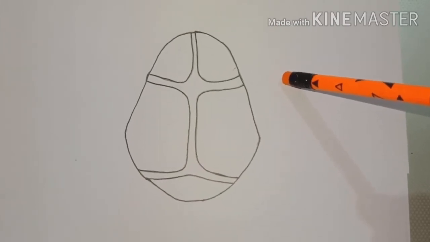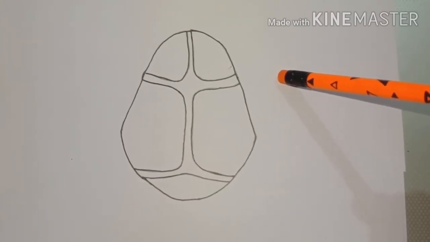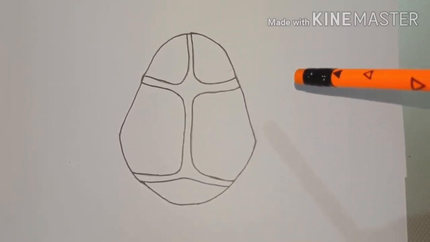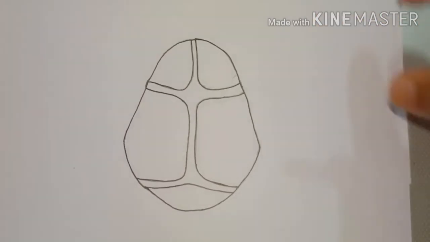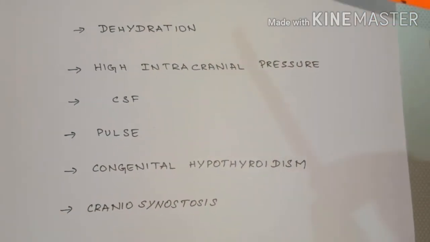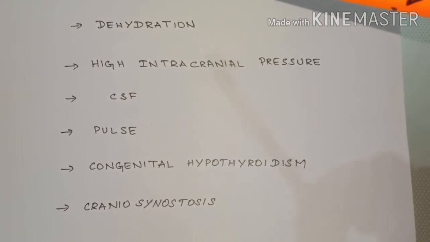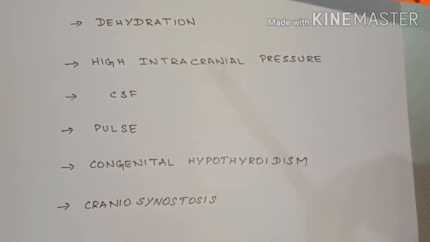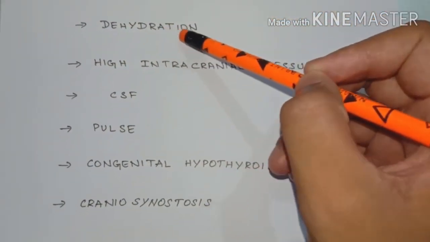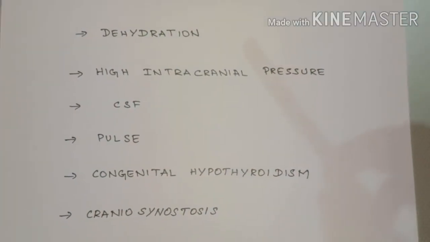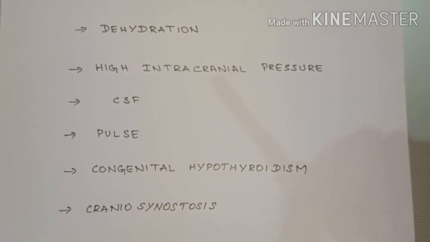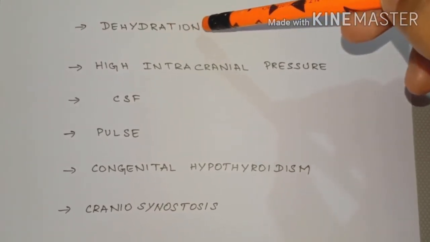Now we will see the clinical significance. The anterior fontanelle has several useful clinical significances. Let us see them one by one. First, if you find any abnormal depression in the anterior fontanelle, it indicates dehydration of the baby.